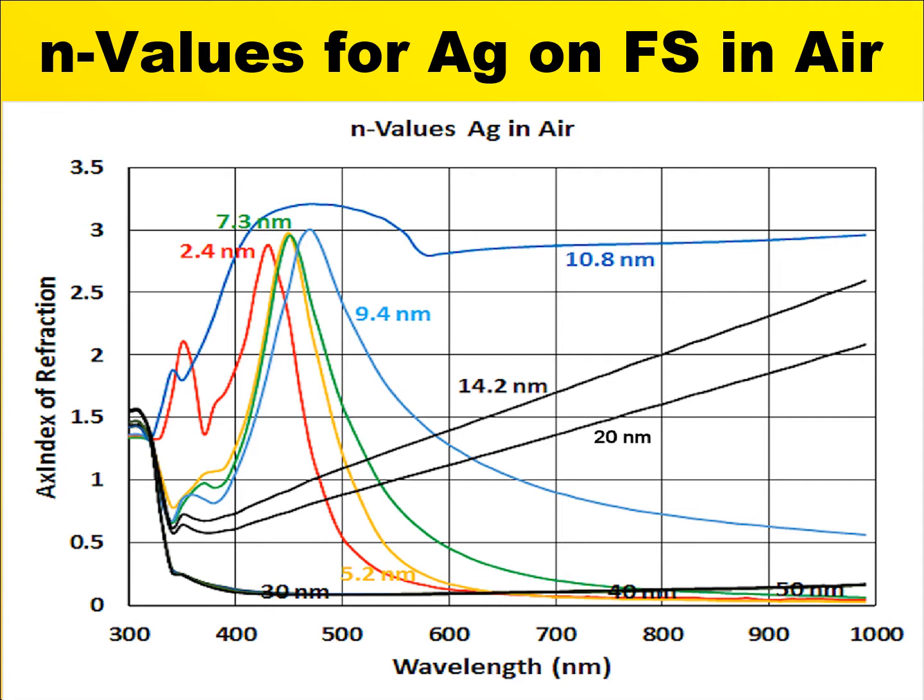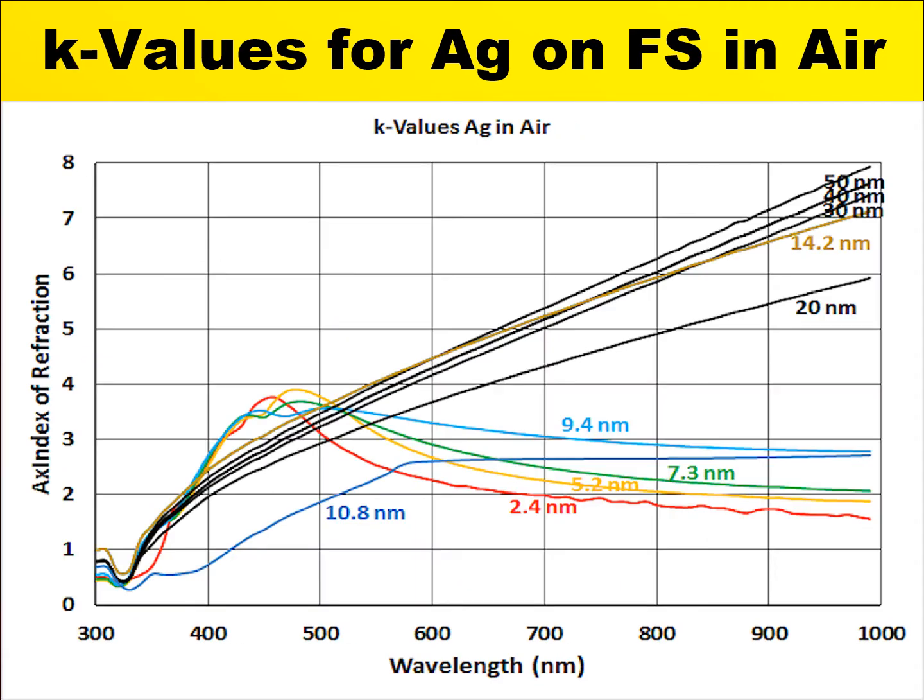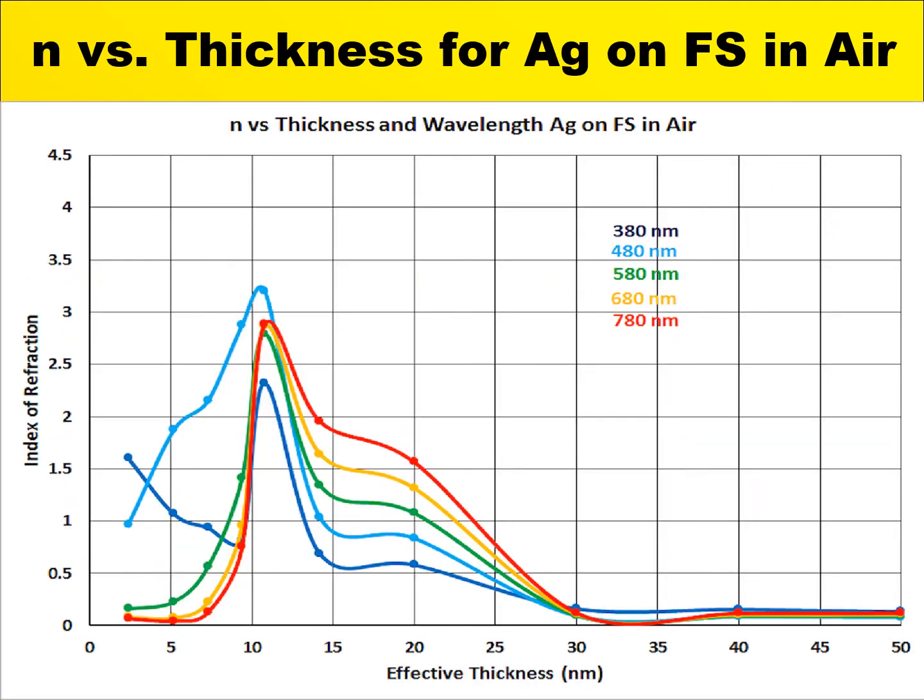the bulk values. This is the N values, and the K values for that same film look like this. And we can see again that the values look very metallic when we get up over about 30 nanometers. And there's very little change as a function of additional thickness. Here is a plot of the index versus thickness for that same film, the N value index.